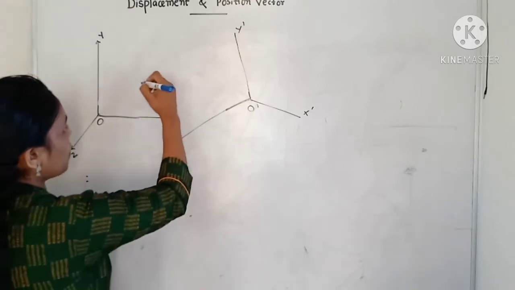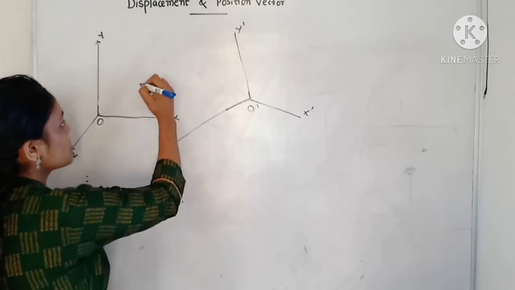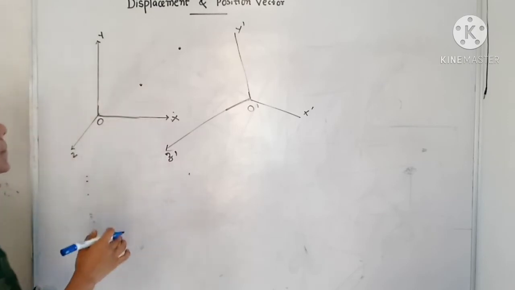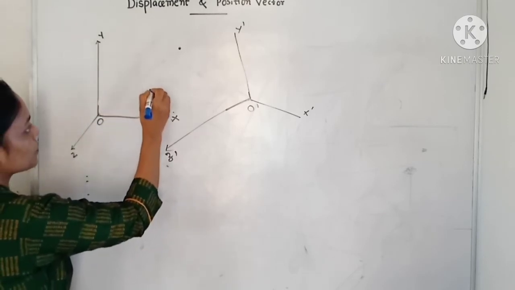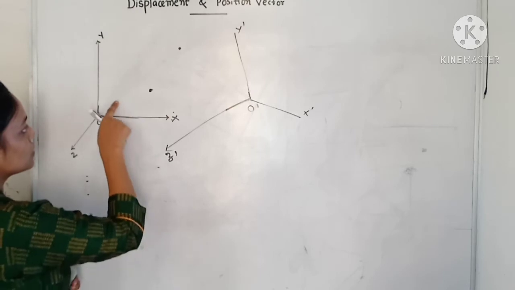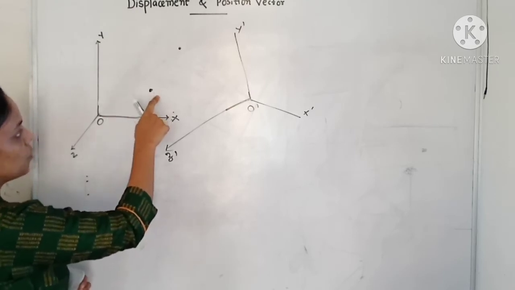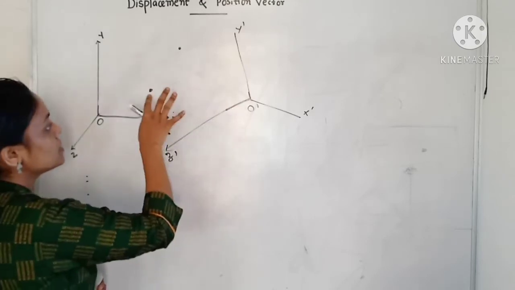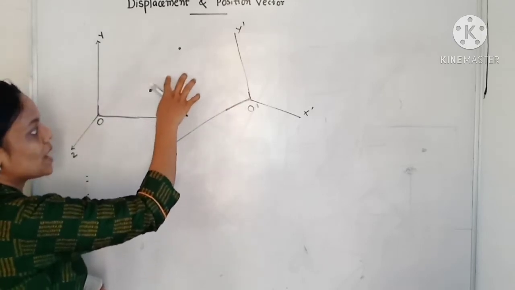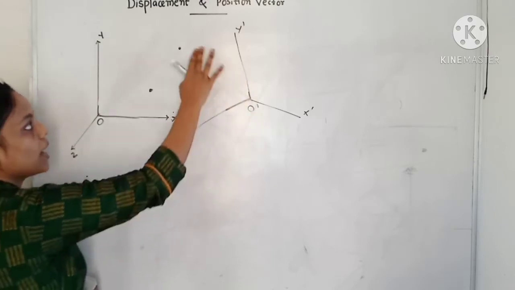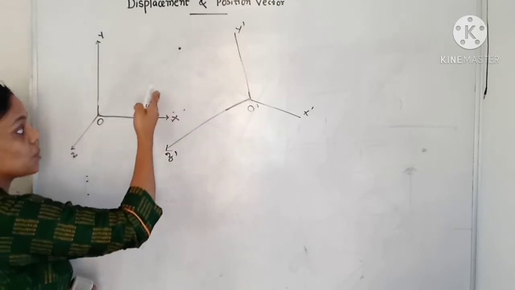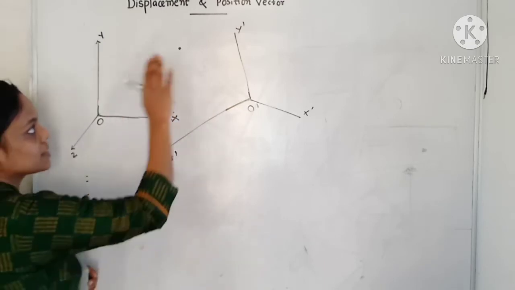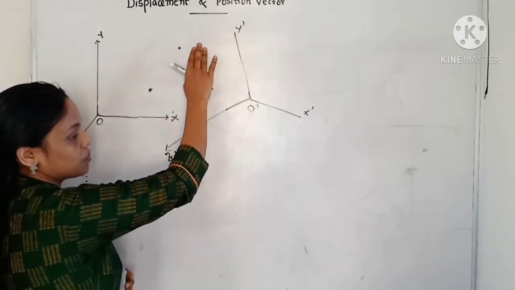Here we have two points. The first point is x1, y1, z1 and the second is x2, y2, z2 from the first coordinate system, and x1 dash, y1 dash, z1 dash and x2 dash, y2 dash, z2 dash from the second coordinate system.